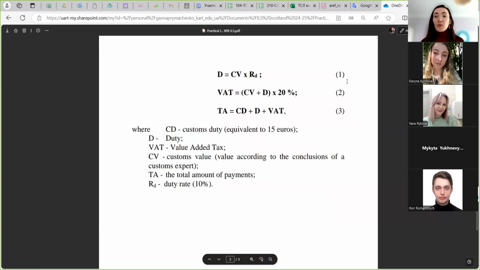And write please D, such parameters as D is equal to parameter CV. What it means, we can write under our formulas. CV, it is customs value according to the conclusions of a customs experts. So we use these parameters from our table 4.3.